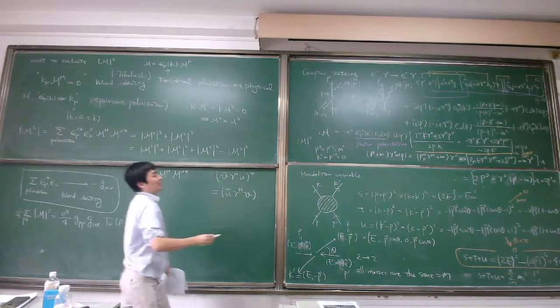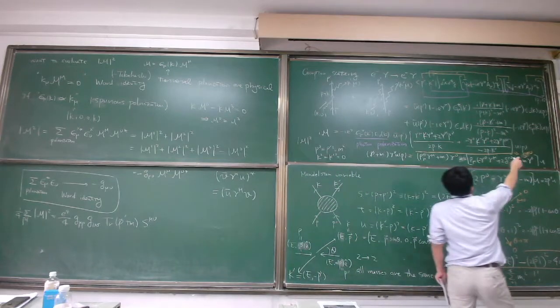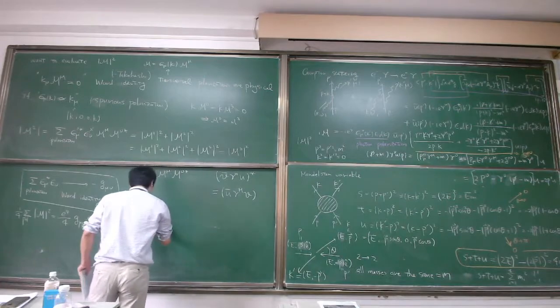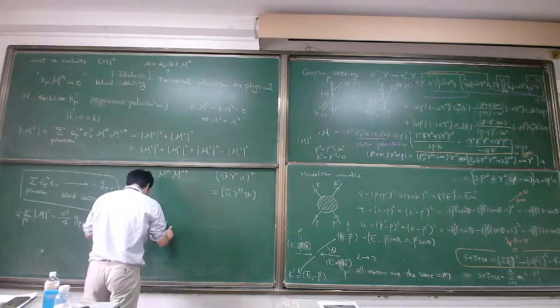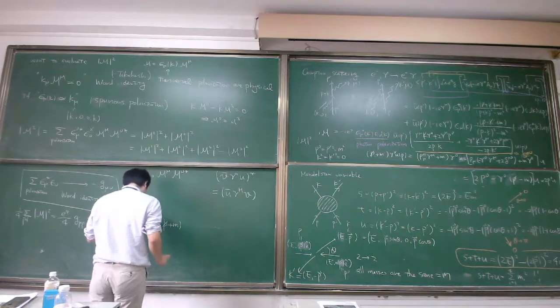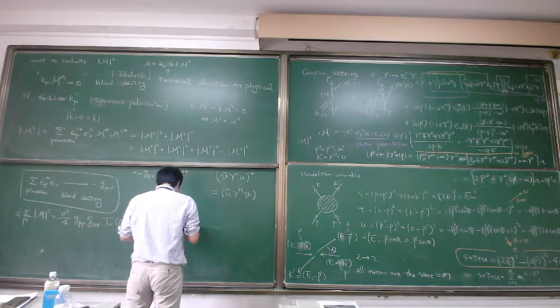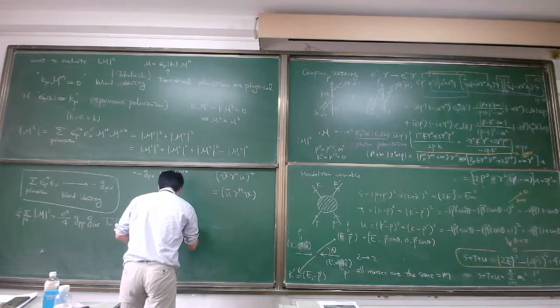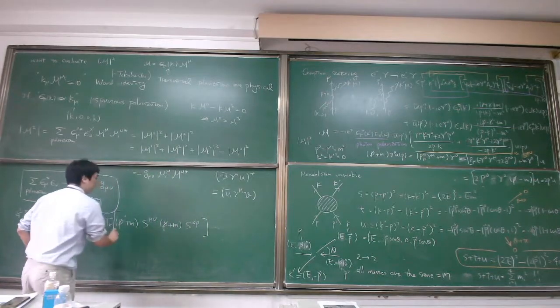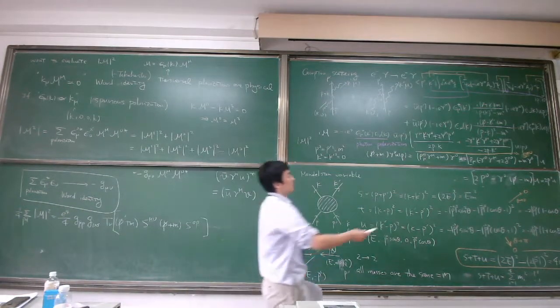And then this guy will give you another factor. Not a propagator, sorry. The equation of motion, I mean the orthogonality, will give you this kind of Dirac operator. And then S rho sigma. Okay, so that's what we have. I call this guy S mu nu.